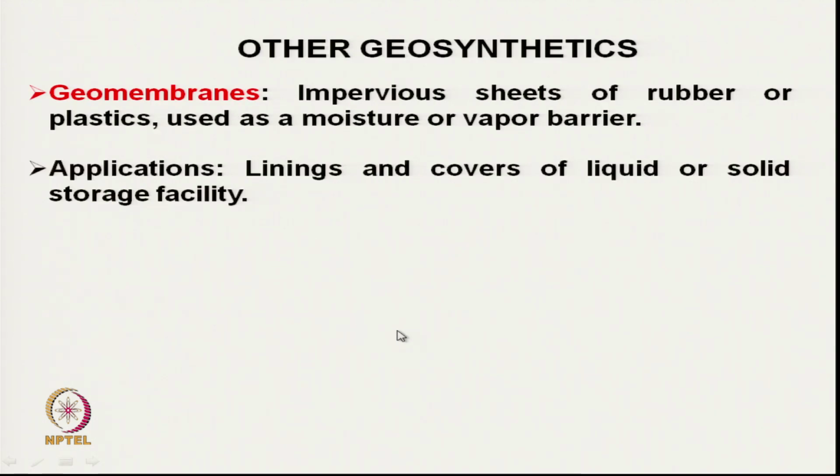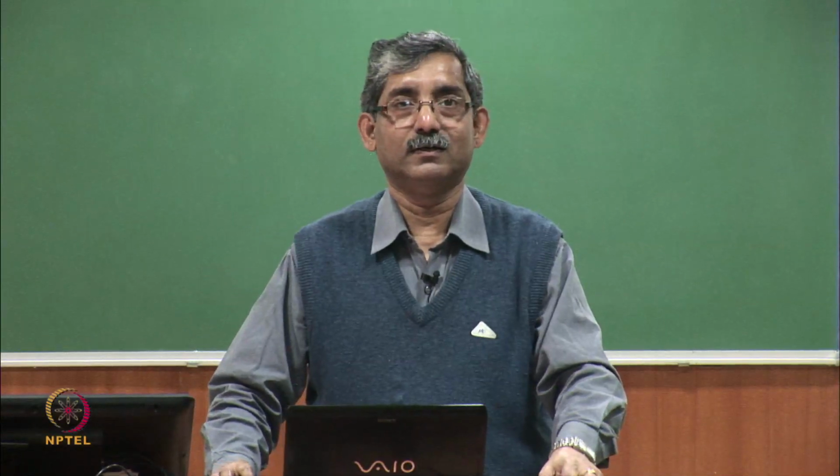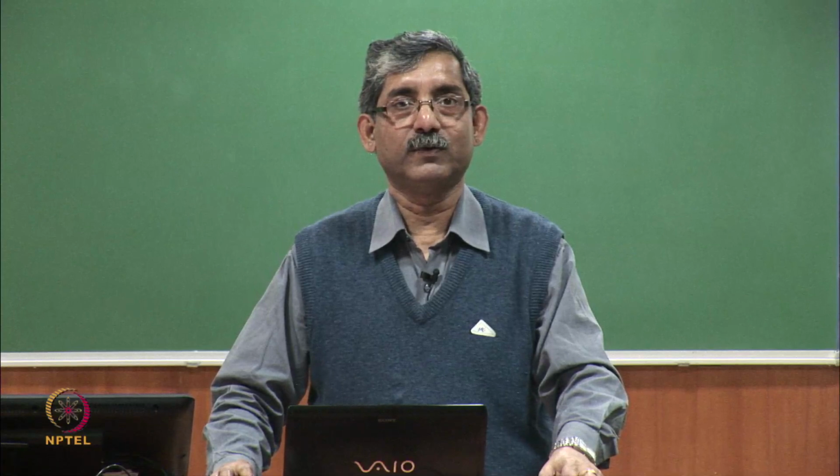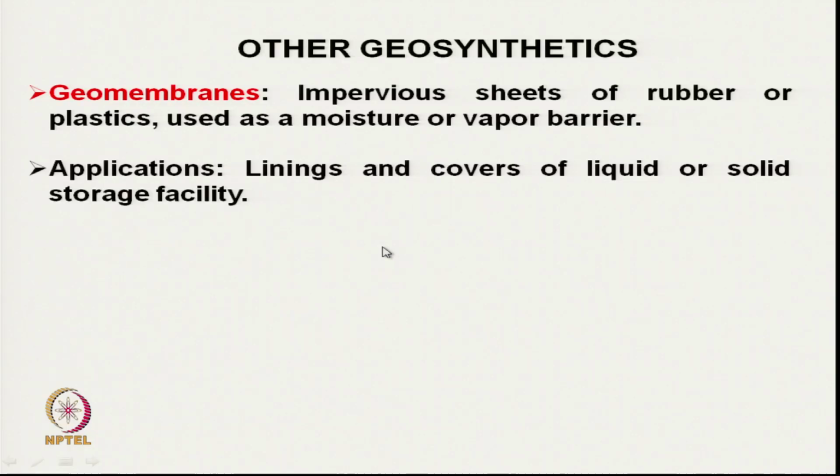On the other hand, a geomembrane is a polymeric, impervious sheet used as a liquid or vapor barrier, like linings and covers of liquid or solid storage facilities. These are applications like landfill lining, where we may use geosynthetics to prevent seepage of maybe harmful fluid.